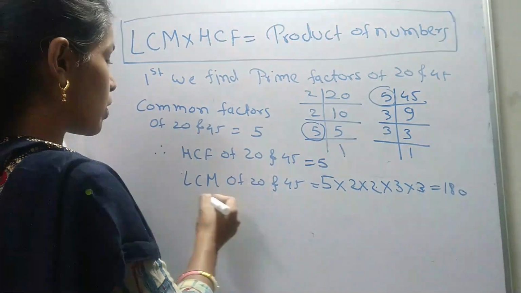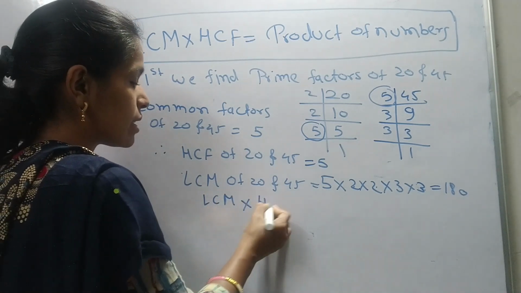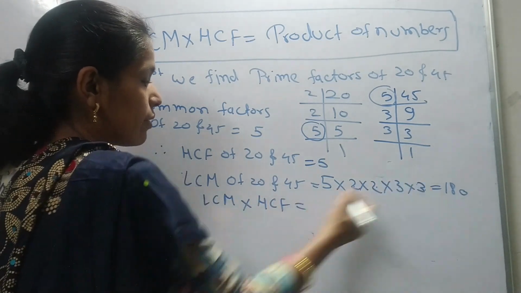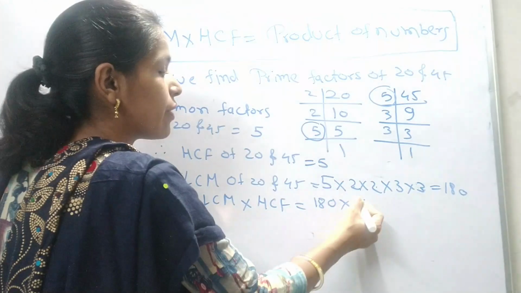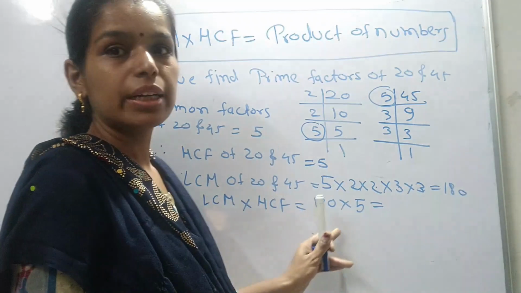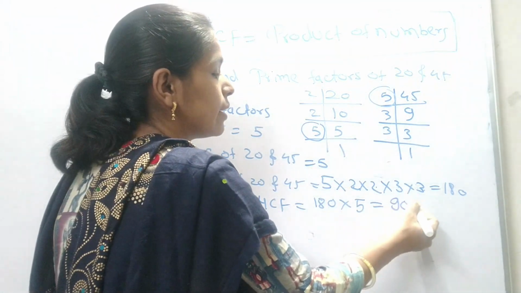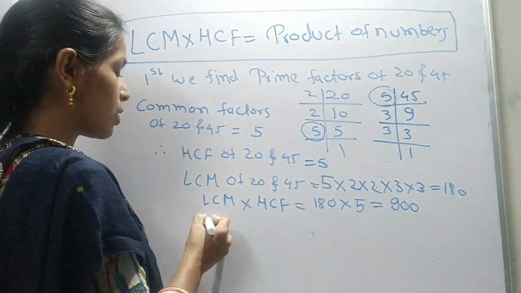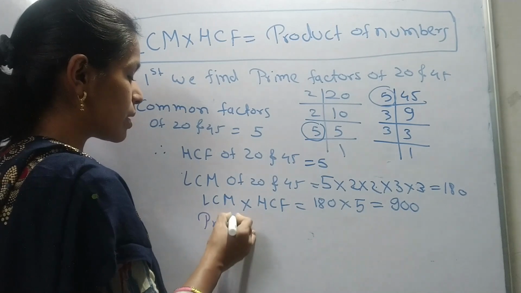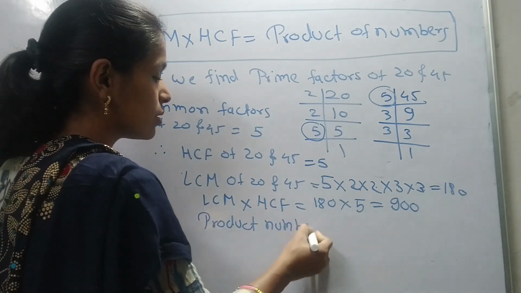Now, let's find the product of LCM and HCF. LCM multiplied by HCF. As we know, 180 is the LCM and 5 is the HCF. What is their product? 180 multiplied by 5 is equal to 900. Got it? Now, let's find the product of the numbers. What two numbers do we have? 20 and 45.